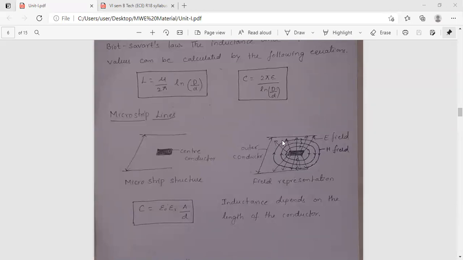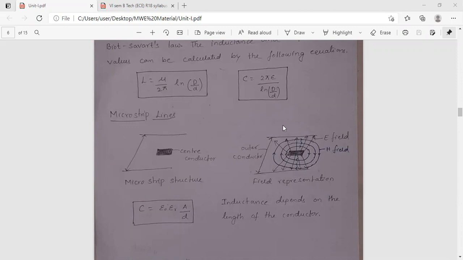The magnetic field, however, is produced all around and covers the entire strip over here. The circles given are the generation of magnetic fields. This is how the electric and magnetic fields are generated in this type of transmission line.